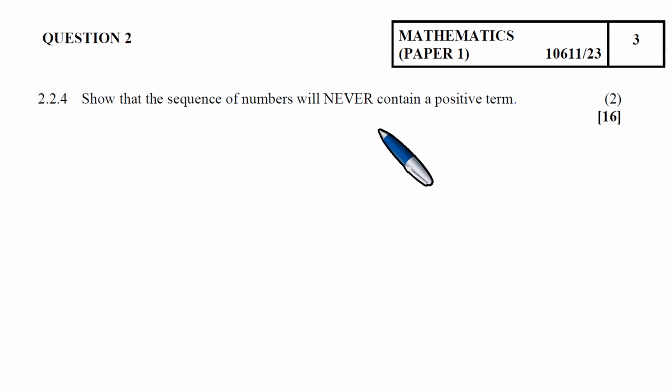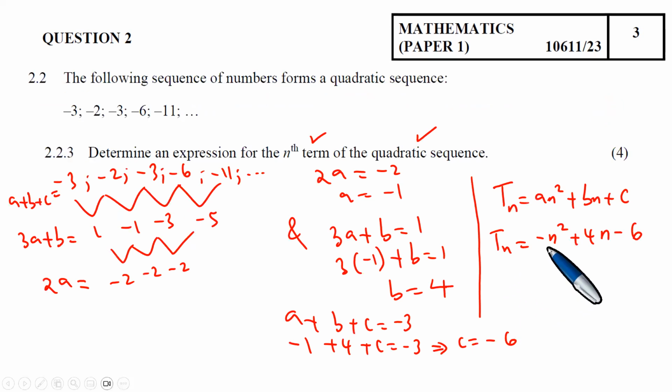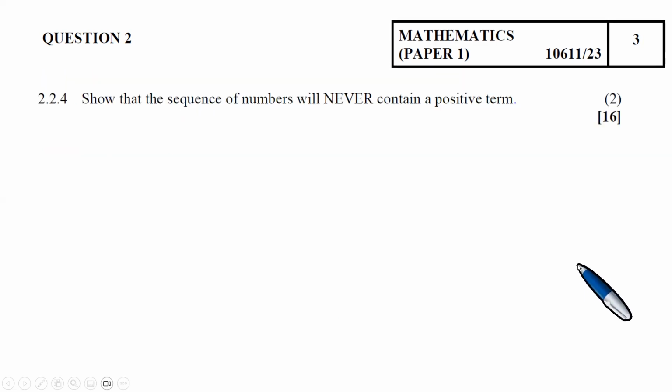Right, so we continue with this one. In 2.2.4, remember from the previous question that the general term is minus n squared plus 4n minus 6, so Tn is minus n squared plus 4n minus 6.